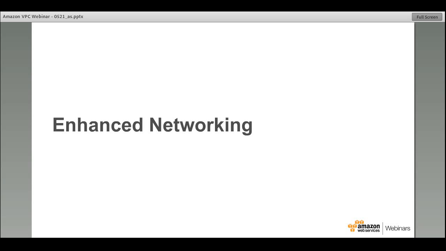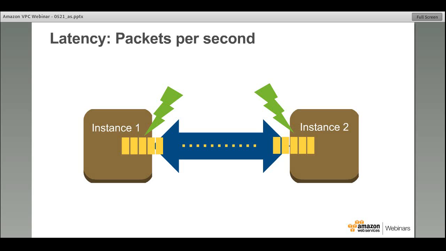Okay, I'm now going to shift gears and talk about enhanced networking. One of the significant drivers for latency in applications, particularly applications that have a high request response rate, is the aggregate number of packets per second that an instance can deliver onto the network. This request response pattern is something we see for a lot of applications that customers run on EC2.